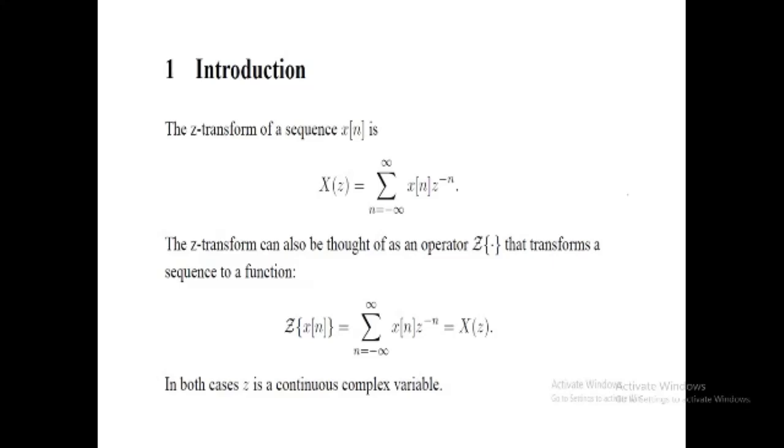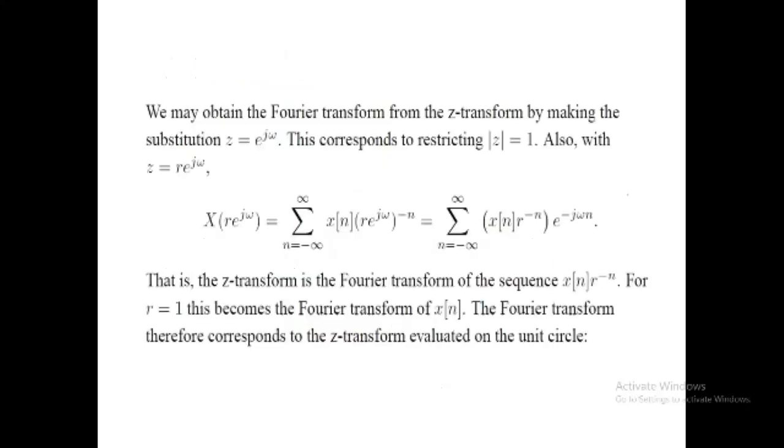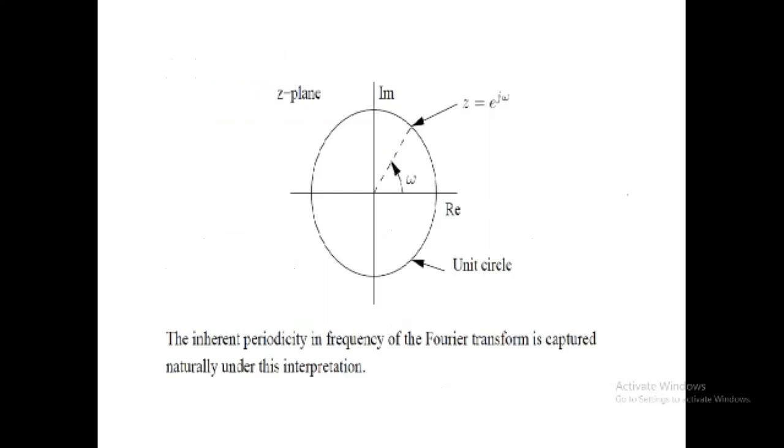That is, the Z transform is the Fourier transform of the sequence x of n into r to the power minus n, and for r equal to 1, this becomes the Fourier transform of x of n.